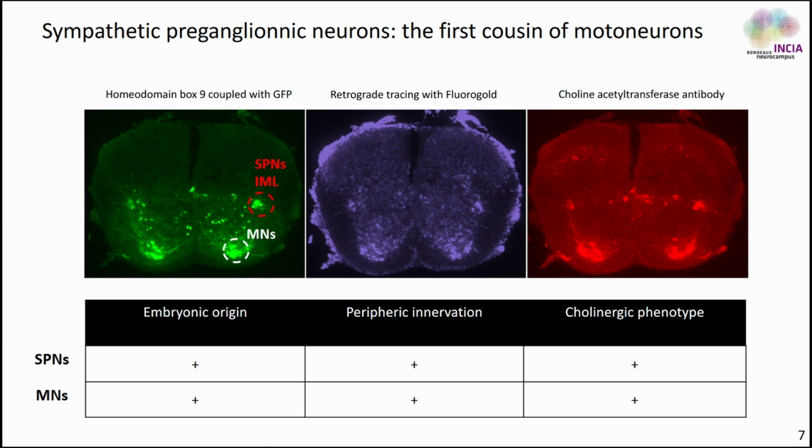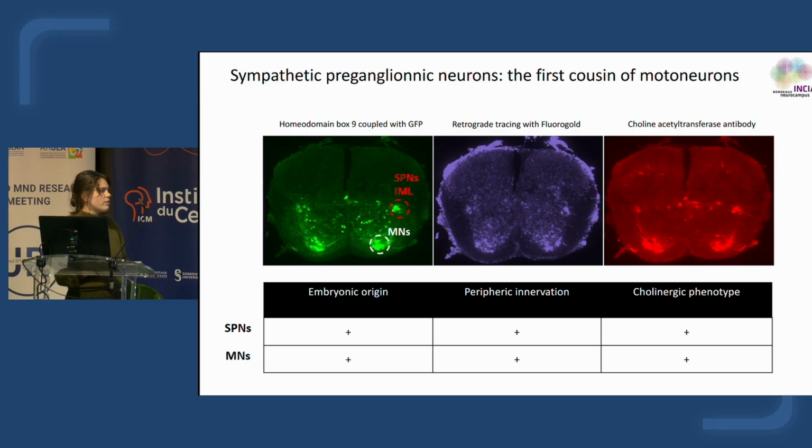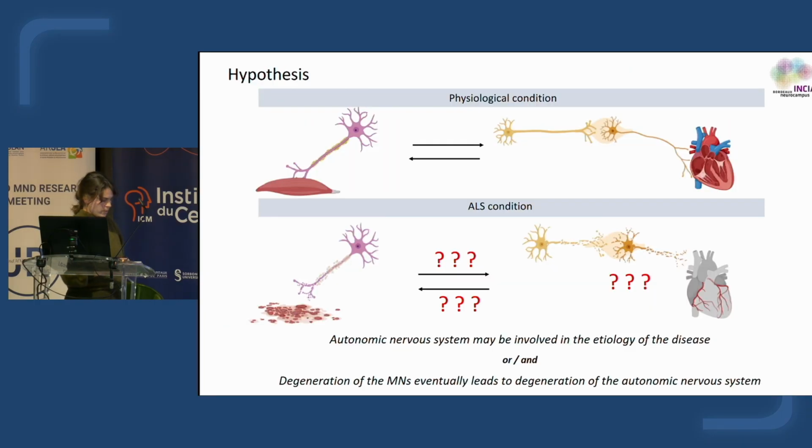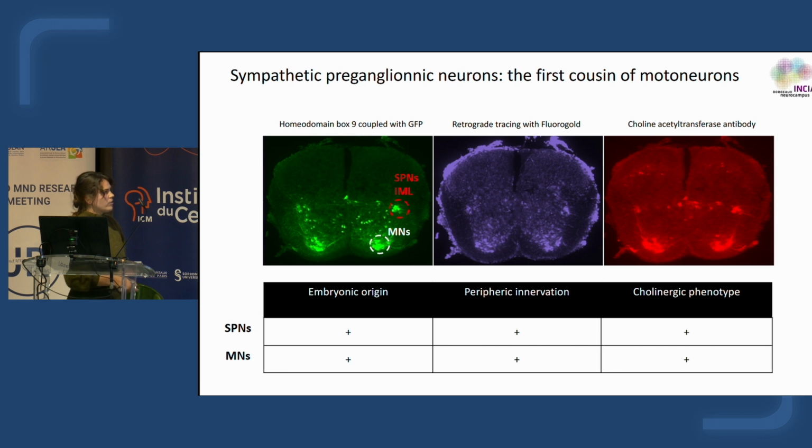And moreover, we can consider that the sympathetic preganglionic neurons are the first cousins of the motor neurons, because they share some common points. They have the same embryonic origins. Their axons project out of the central nervous system, and they are cholinergic.